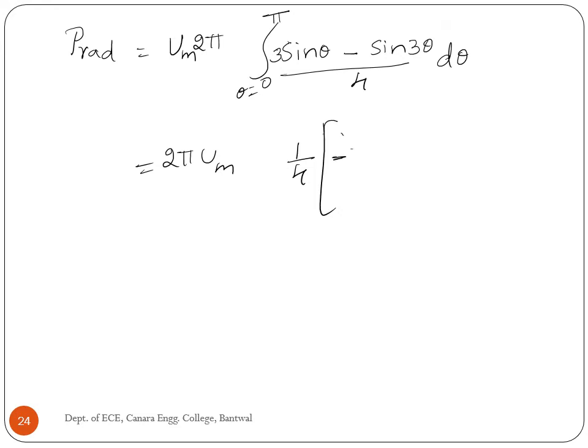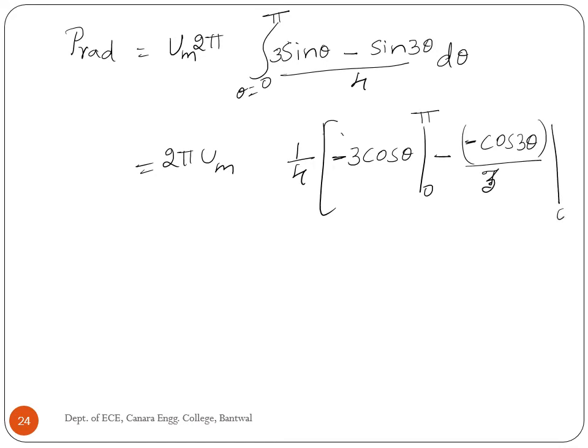Integration of sin theta is minus cos theta, limit 0 to pi, minus cos 3 theta divided by 3, limit 0 to pi.